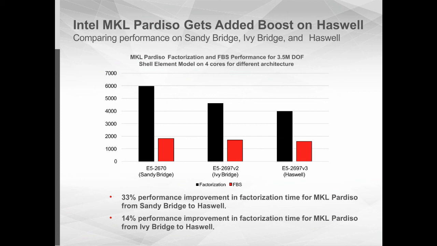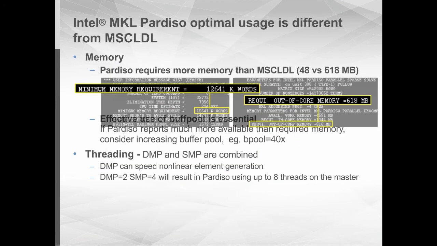Also, just going from Ivy Bridge to Haswell shows a 14% performance improvement. The story is the same, and that's that to get the best performance from Nastran, you really should upgrade your version of Nastran and upgrade your version of hardware to the most recent Intel hardware.